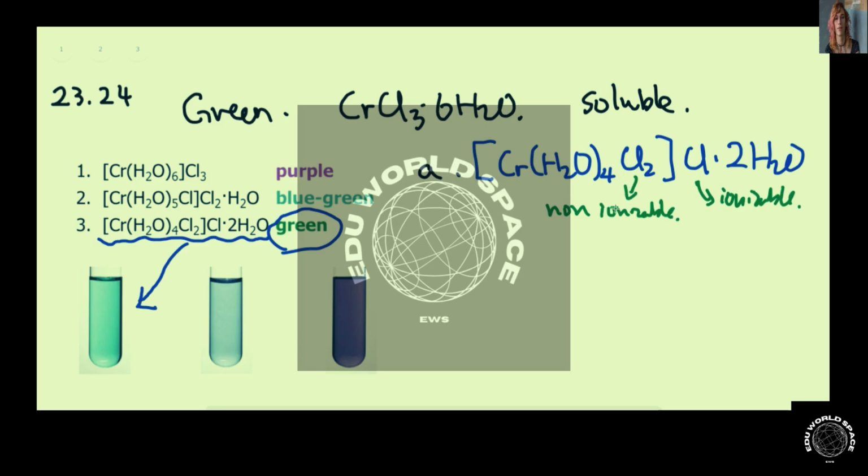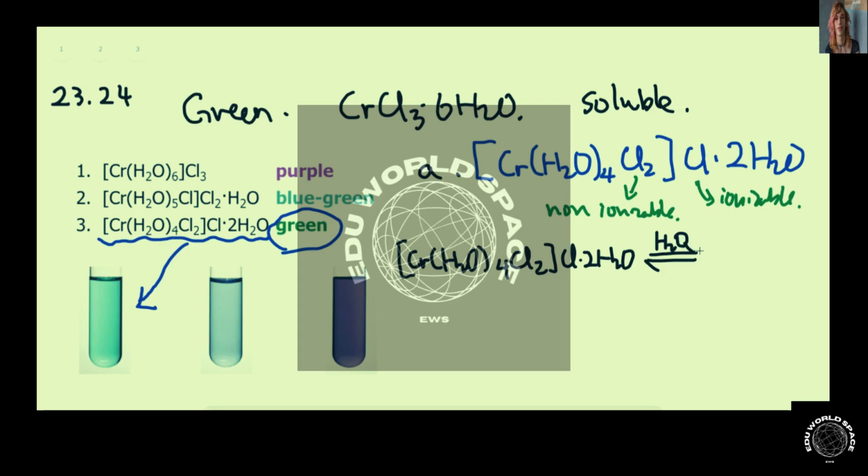So the ionization of this compound in aqueous solution can be shown here. The equation would be [Cr(H2O)4Cl2]Cl·2H2O in water solution.